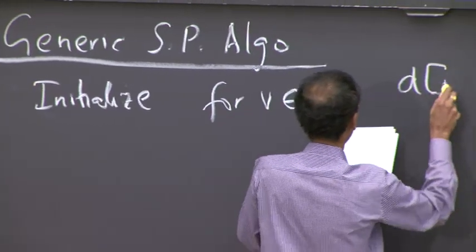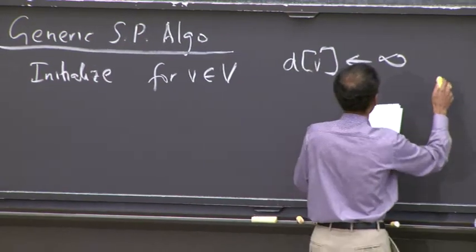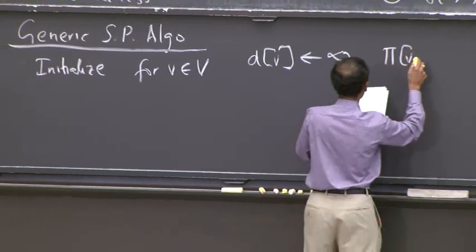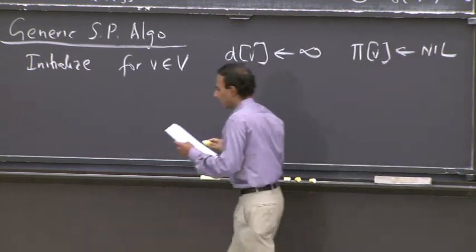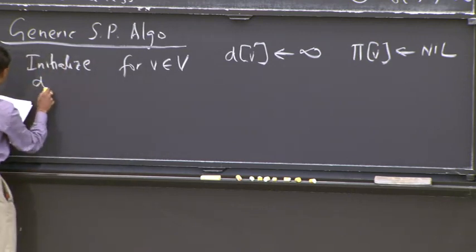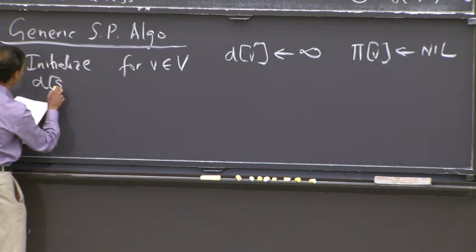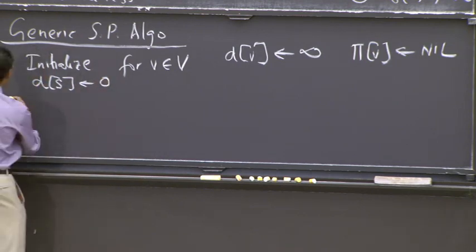So you're given a graph, and you set all of the vertices in the graph to have infinite shortest path weights initially. Set the predecessors to be nil, and then we'll set d of s to be 0. That's your source.